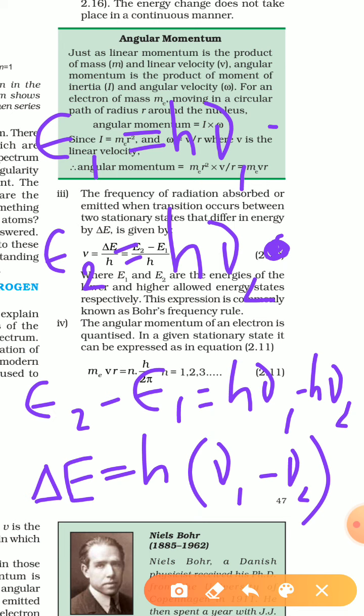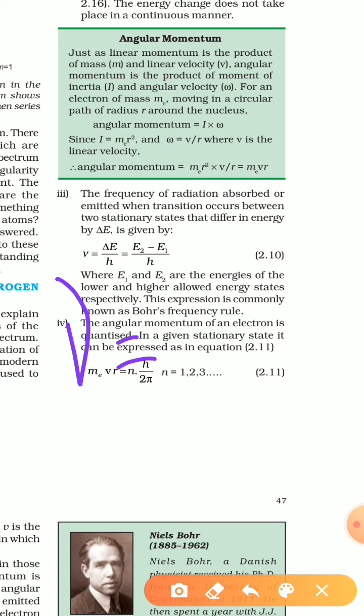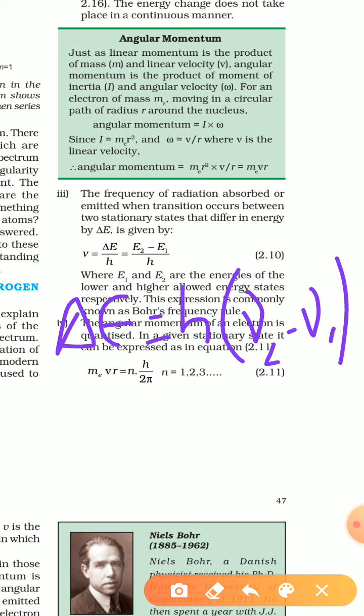Now if I change these values into some other constant, I can change this nu2 minus nu1 into a single frequency, like nu. So delta E equals h into nu2 minus nu1, where I can write nu2 minus nu1 as nu, the overall frequency.